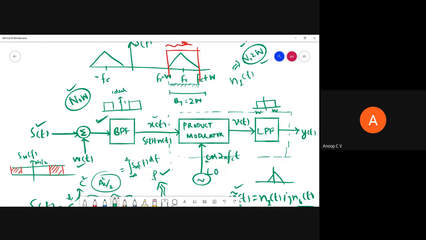While evaluating input signal to noise ratio, the noise power input is N naught W, and the noise power output is equal to twice N naught W, right? So please do keep that in mind. Only that is the point where you may make some mistake. Otherwise, everything else is straightforward.